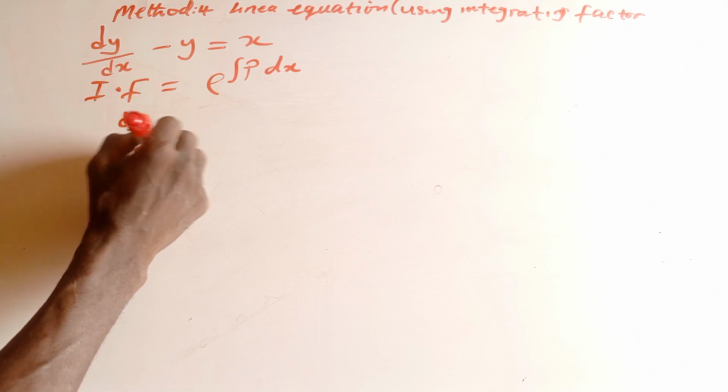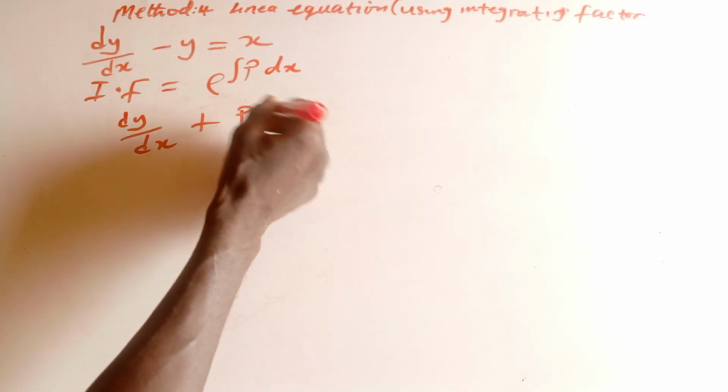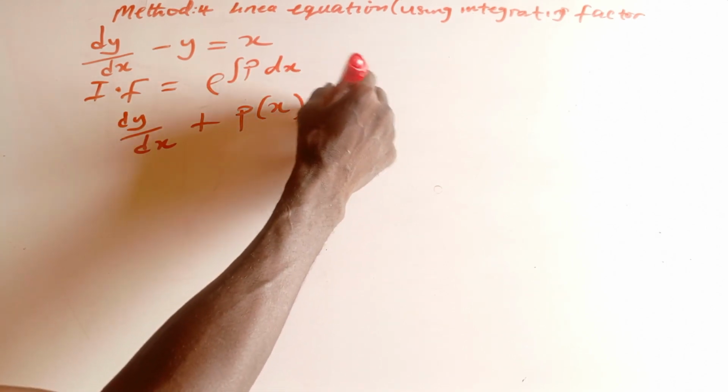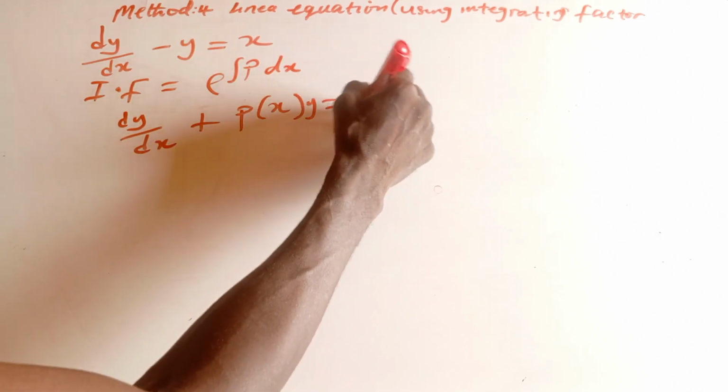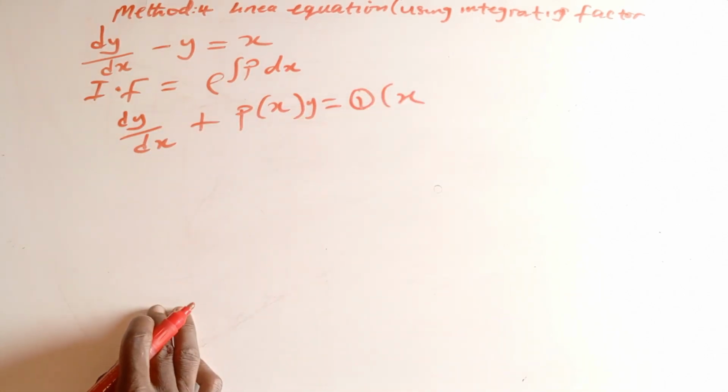dy/dx plus p(x) y is equals to q(x). That is the general form of method 4 using integrating factor.